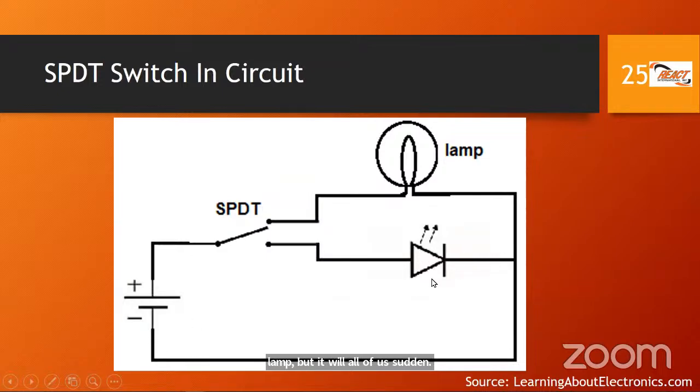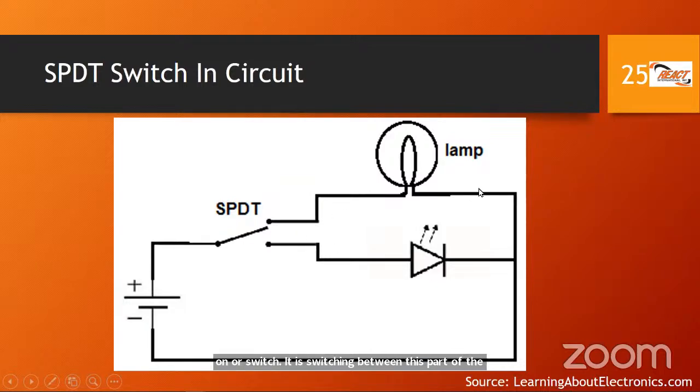So what will happen here is that the LED will light up instead of the lamp. And if I throw the switch back to this part of the circuit, the lamp will now light up. So hopefully that gives us an idea of the function of a single pole double throw switch. It's not just an on-off switch. It is switching between this part of the circuit and this part of the circuit.